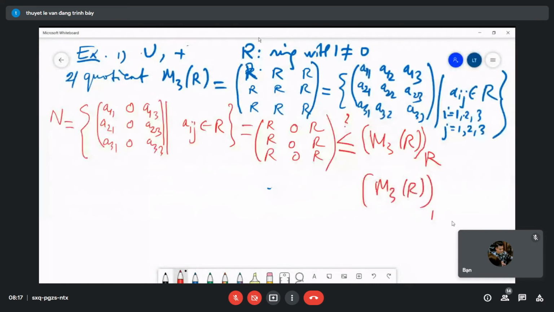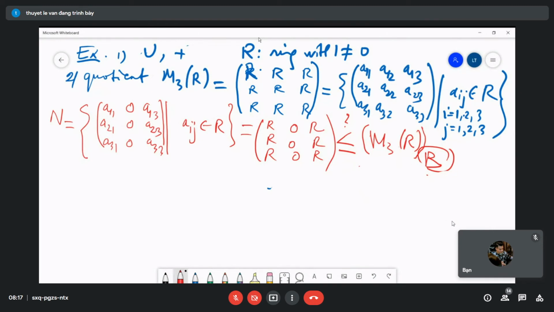But in this case, I consider this one. You remember that you should always ask whether it is here or here. It's different. For the module, that is very complicated because it is over what? Over R or over M3(R).